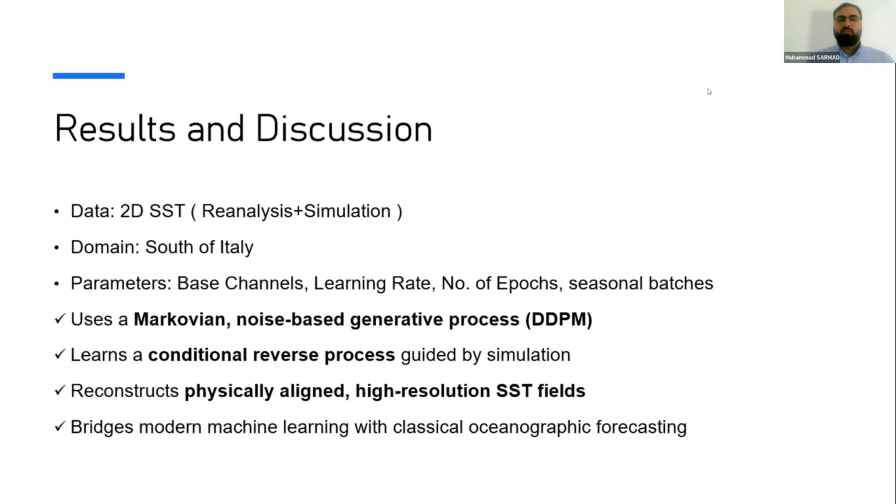The parameters we explored were base channel, learning rate, number of epochs, and at the end we tried to make seasonal batches and explore its generalization. We use a Markovian noise-based generative process known as DDPM, very famous, which learns a conditional reverse process guided by simulation. It reconstructs physically aligned high resolution sea surface temperature, which bridges modern machine learning with classical oceanographic forecasting.